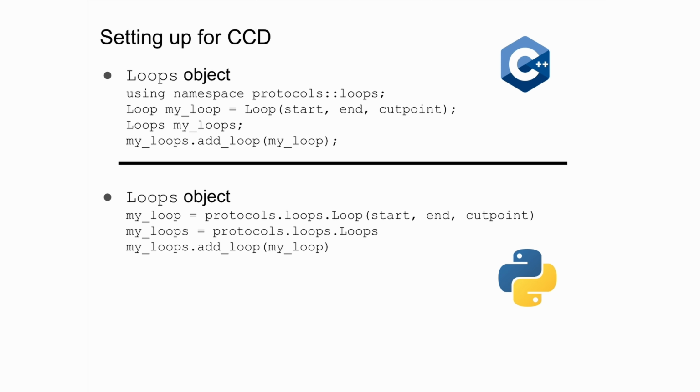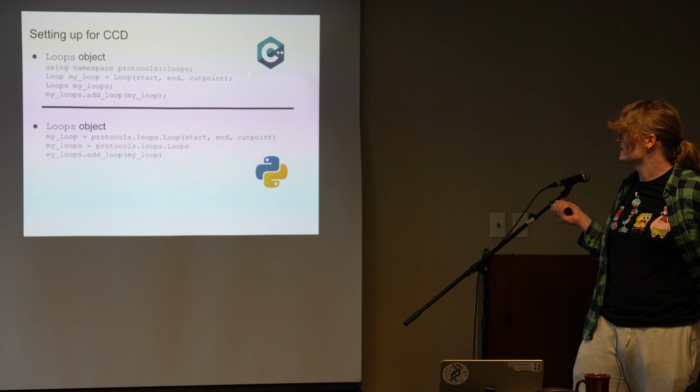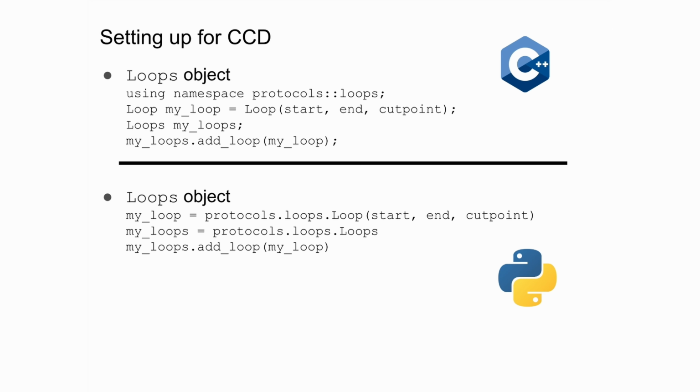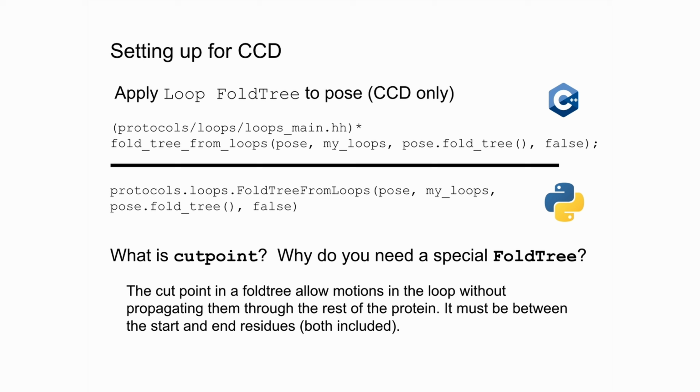Okay, so in terms of the actual code, this is how the C++ and Python look. You create your loop, and then you can just add to it, and same with PyRosetta. You can then apply your loop fold tree to your pose, for CCD only.